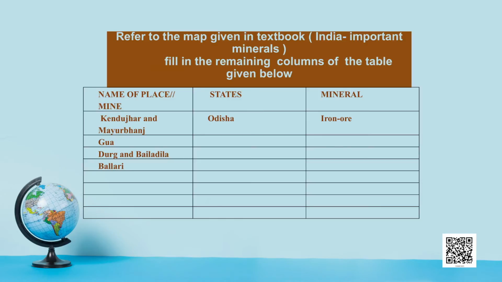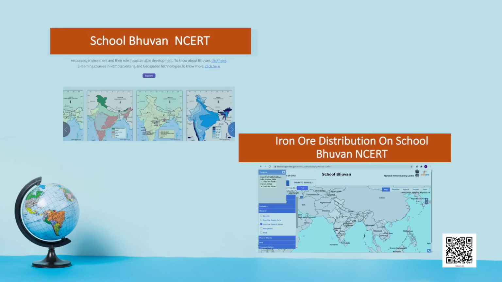Number 3, Durg and Bailadila. And number 4, Ballari. This tabular information can act as a great tool for remembering the various mines and their states. Dear students, you can also see these mines on the portal created for students called School Bhuvan NCERT under the thematic series 2. You can see each of these separately also.